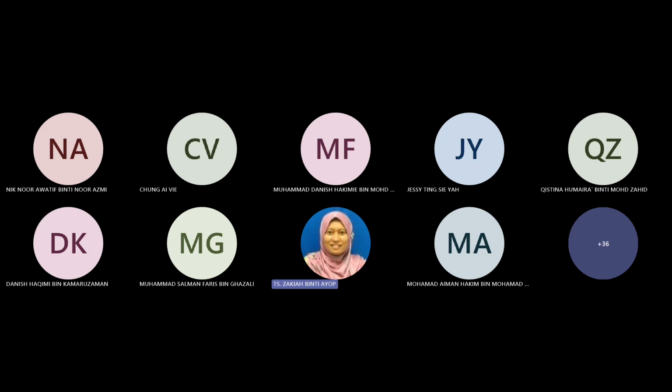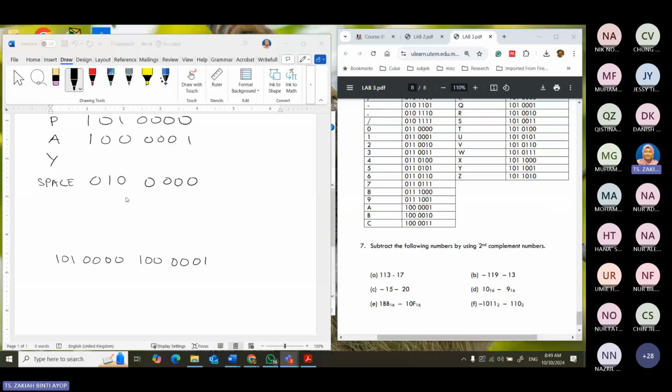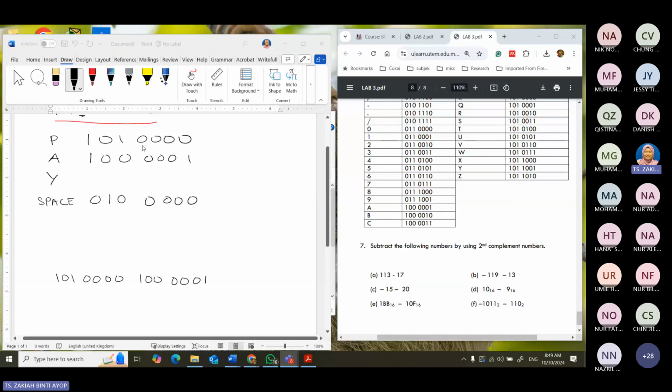This is what happens when you press P. When you press P, what the computer recognizes is this 1001. Let me share back again. What it recognizes is this number, not P itself. The computer only understands binary numbers.